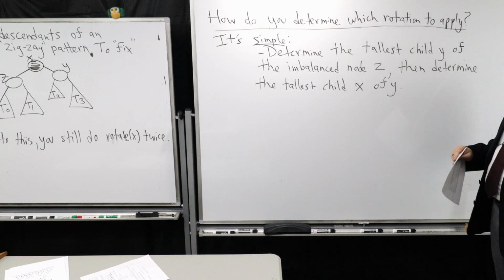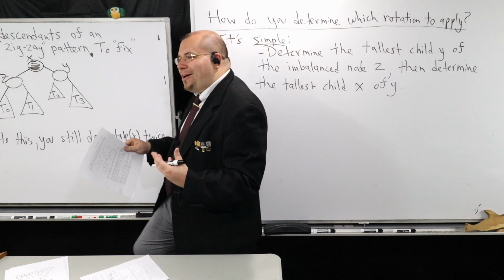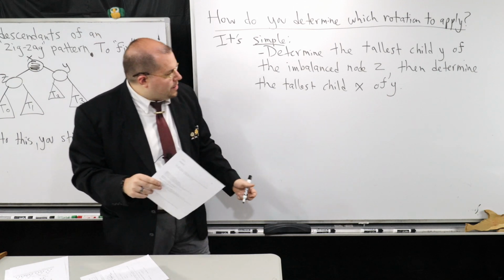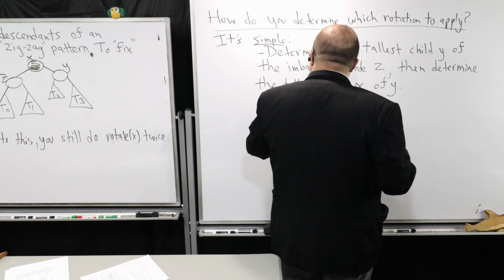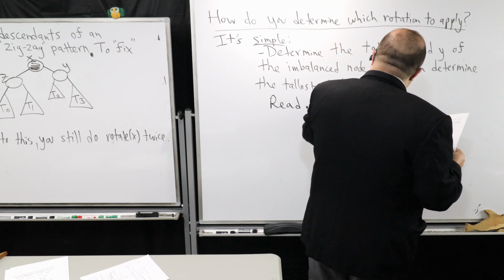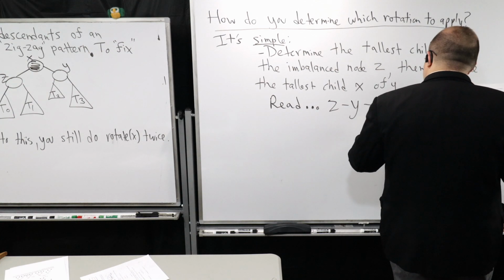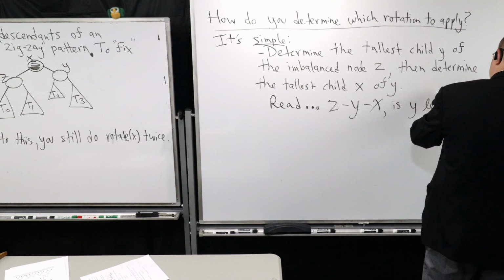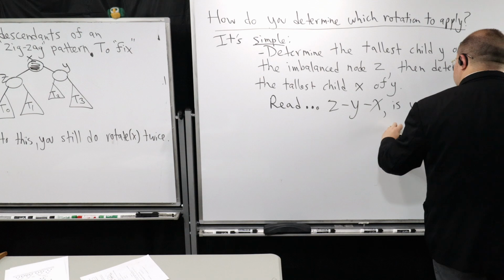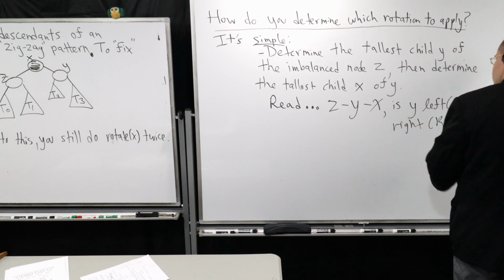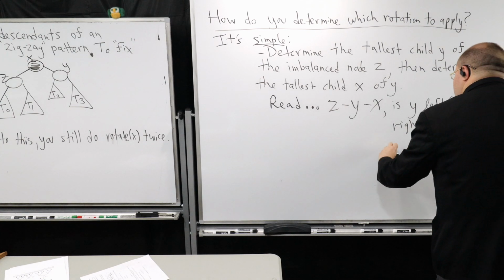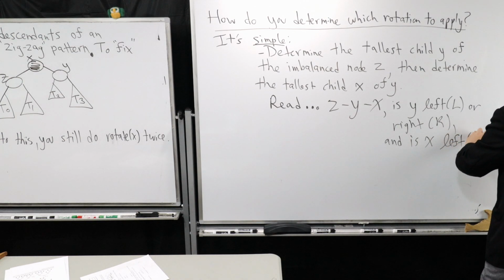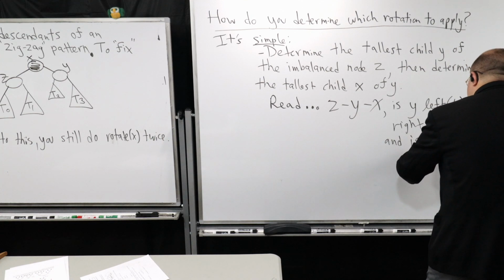That means all you do is read off whether y is on the left or on the right, and whether x is on the left or on the right. So you read z, y, x. Is y left or right? And is x left or right?